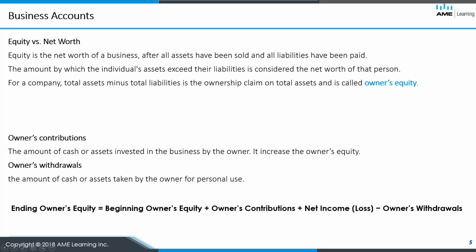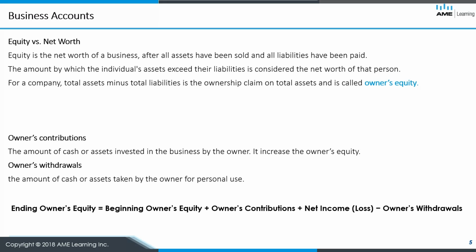Here's a couple things that we didn't have in personal accounting: the idea of an owner's contributions or withdrawals from a business. Owner's contributions in this business context are essentially cash, or it could be other assets invested into a business by the owner, and that will increase the owner's equity. In other words, we think of the owner and the business as two separate entities.